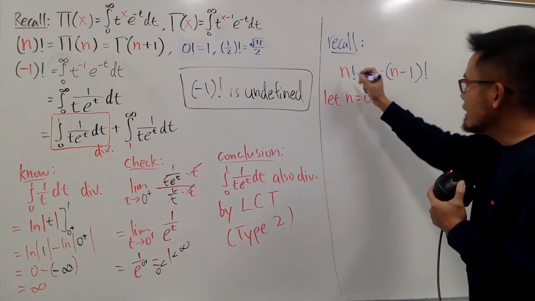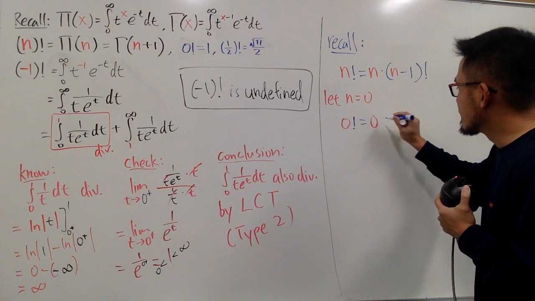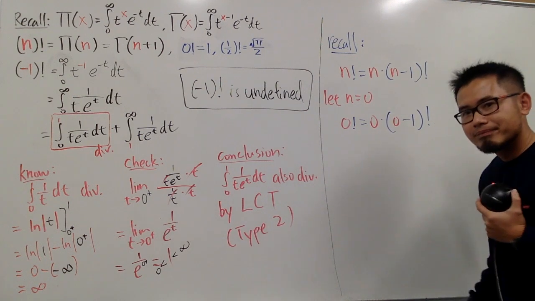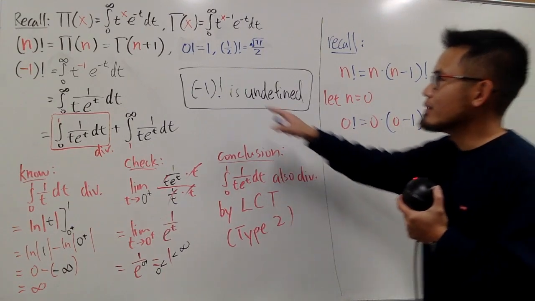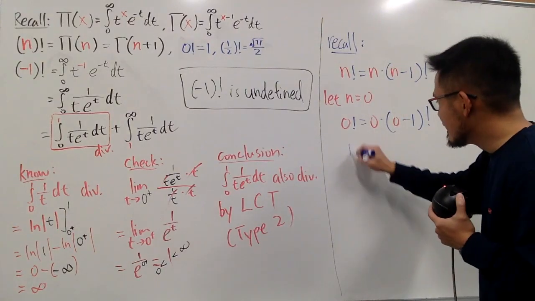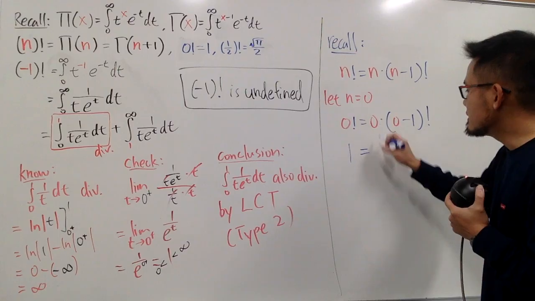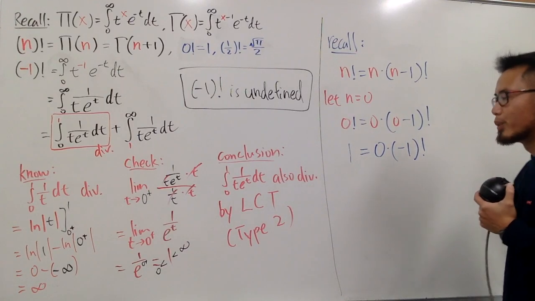And now, we will have 0 factorial, and this is equal to 0 times 0 minus 1 factorial. Do we know what this is? Yes, 0 factorial is 1, right? And you see this is going to be crazy because we're saying 1 is equal to 0 times -1 factorial.